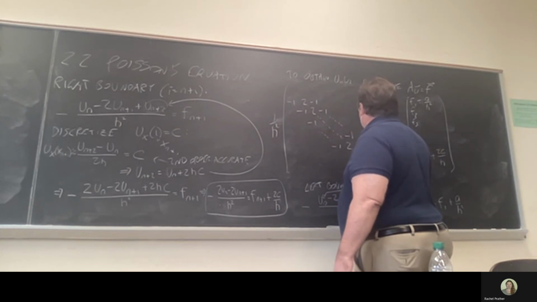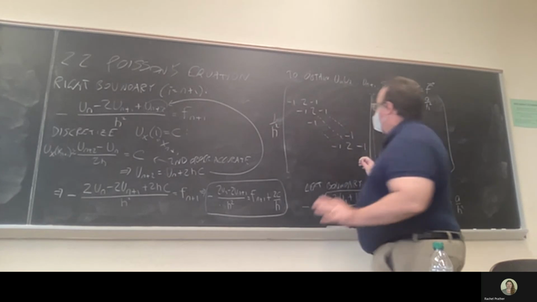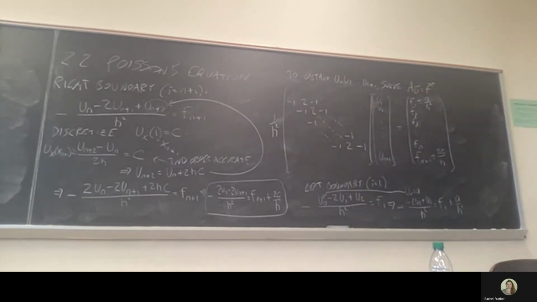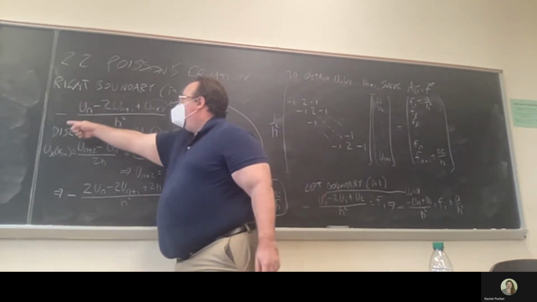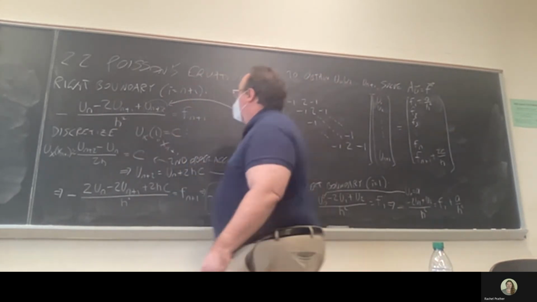So that handles everything except for the first and last rows. And that just comes from this. I've applied the minus to negate everything.